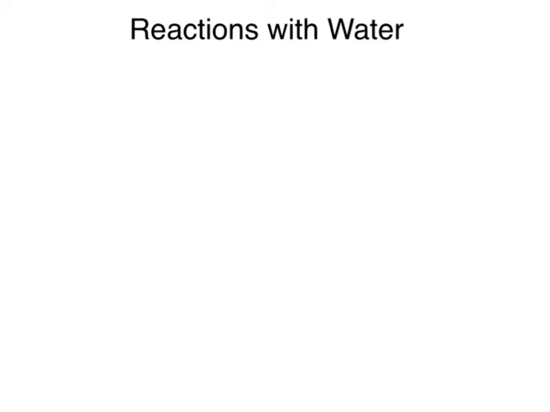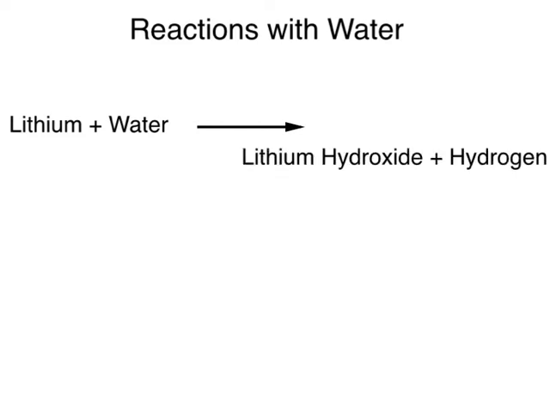Now the first one we did, we took lithium and we added that to water. What we actually made was lithium hydroxide and hydrogen gas. So let's have a look at the symbol equation.